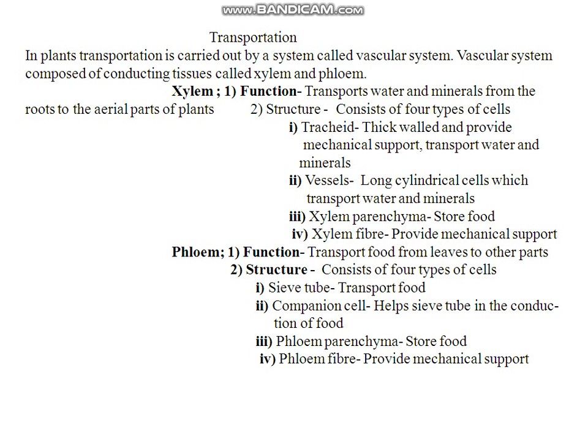Number 1, sieve tube. The main function of the sieve tube is to transport food. So if the question is which component of phloem helps in transportation of food, the answer will be sieve tube. Then companion cell. These are parenchymatous cells which remain attached to the sieve tube, and the main function of the companion cell is to help the sieve tube in the conduction of food.